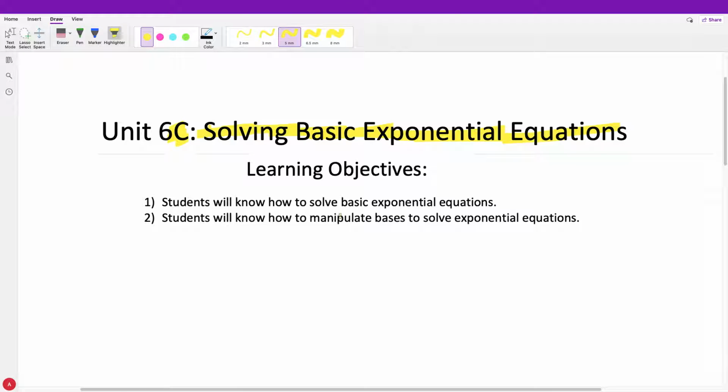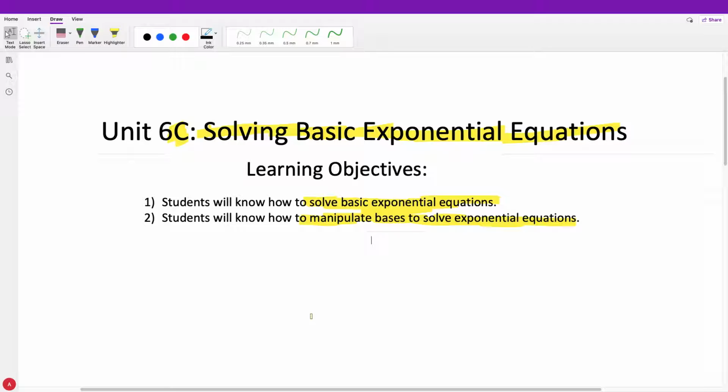And your goal for this video with basic exponential equations is you're going to know how to solve basic exponential equations. And one of the methods that you're going to have to learn is how to manipulate your bases to solve some of these exponential equations. So we're going to start out in just the most basic form, and then we're going to get a little bit harder where you will have to manipulate your bases on some of them.